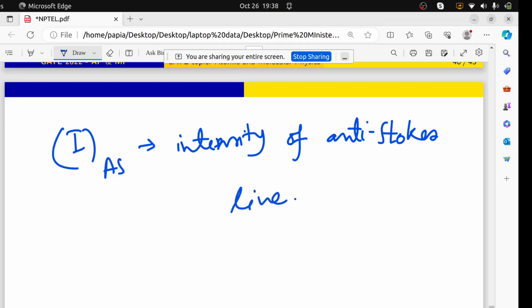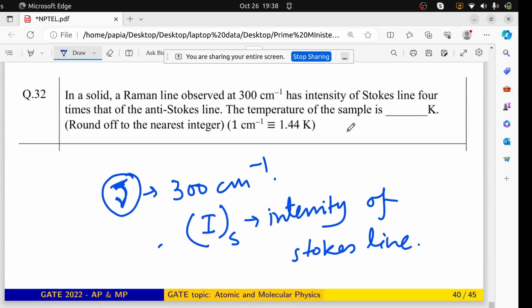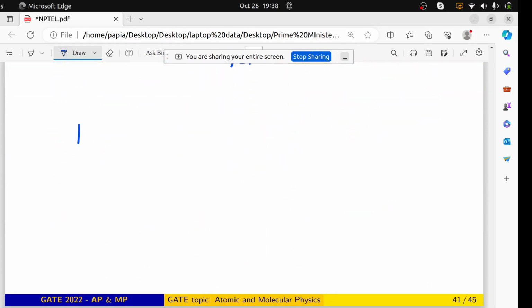From the question it is given that the intensity of the Stokes line is 4 times that of the intensity of the anti-Stokes line. That means IS is 4 into IAS.